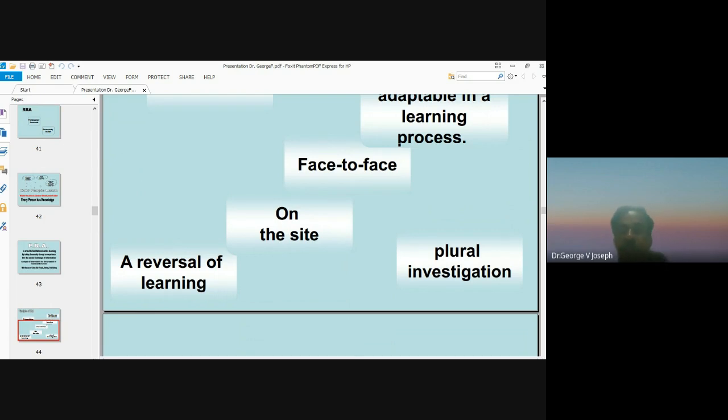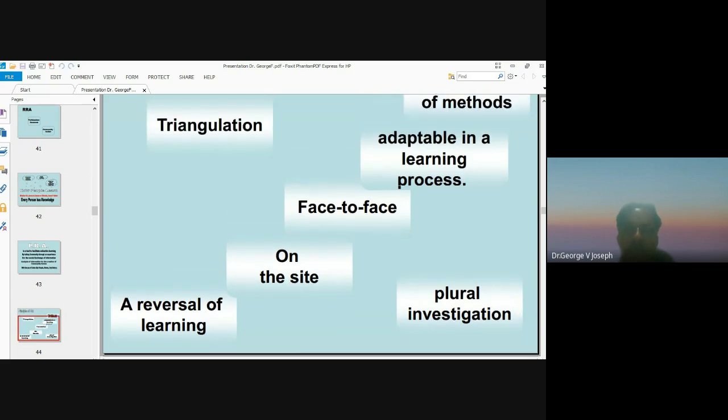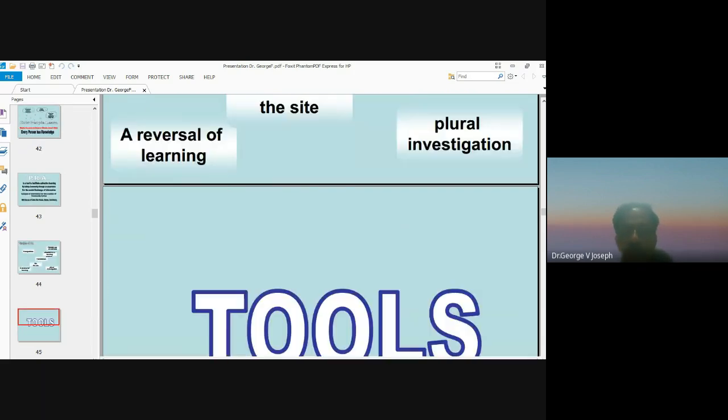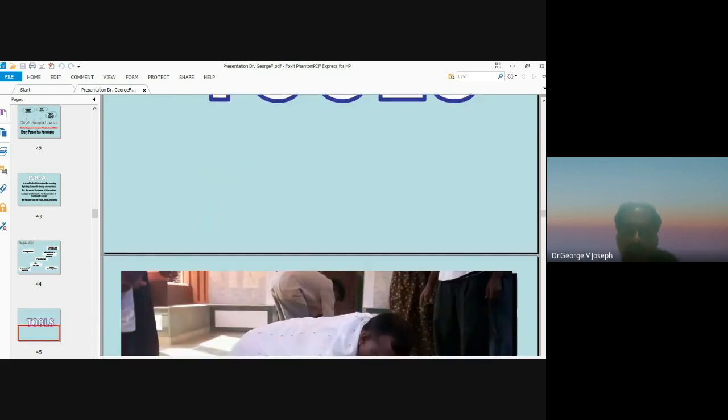But in this participatory process, we believe that people have the knowledge, people have better understanding, people have experience. So they are the best source of knowledge. So we have to do the reversal of learning, and investigation is done from various sources. So this is a PRA method we can do, and there are various tools for that.